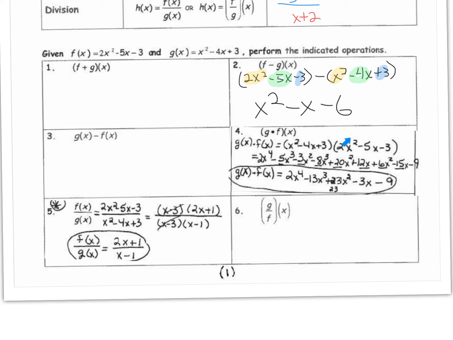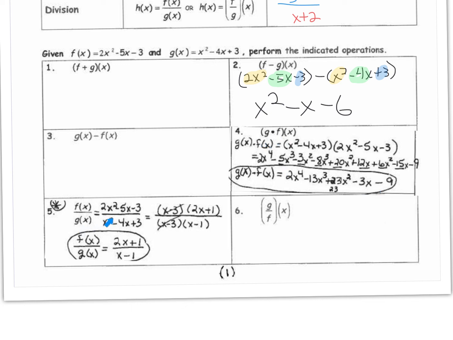So this x squared times 2x squared minus 5x minus 3, and then the negative 4x, we have to multiply by all three of these terms, then the 3 times all three of these terms. That's why you see all of these different terms, and then you combine the like terms that have the same base and same variable, and you end up with this 2x to the fourth minus 13x cubed plus 23x squared minus 3x minus 9, okay? And that would be the product of that.